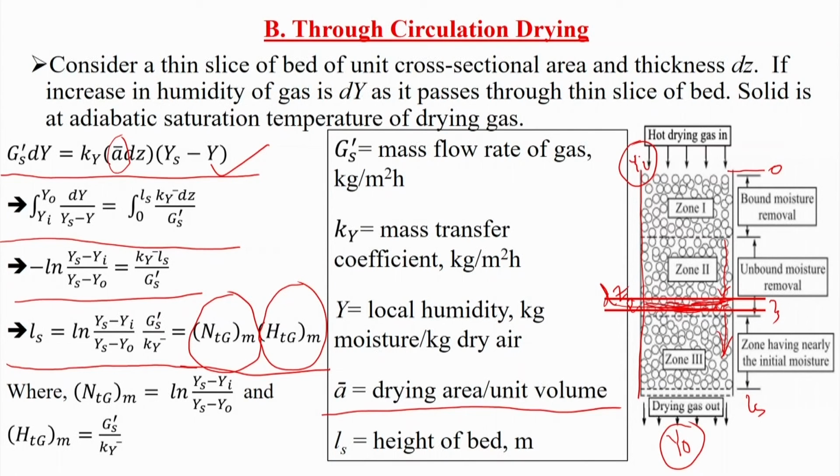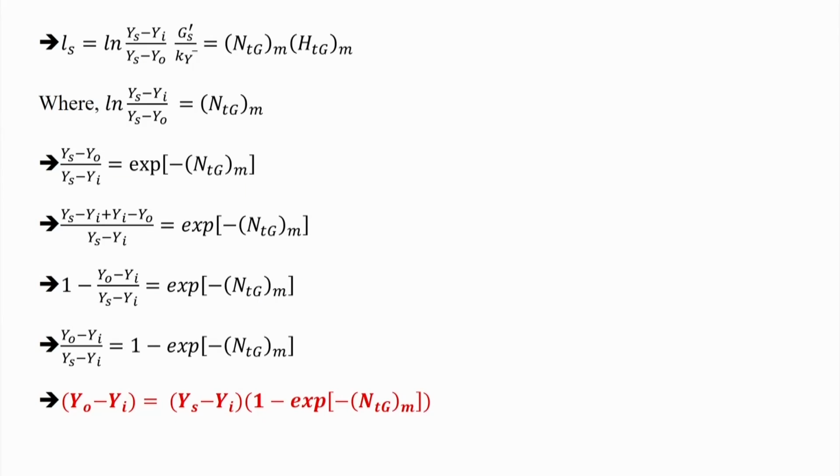So NTG is equal to ln of (ys minus yi) by (ys minus y0), and HTG will be Gs prime by ky prime. Now this Ls we are writing as ln of (ys minus yi) by (ys minus y0) into Gs prime by ky prime, and again we are manipulating this NTG.